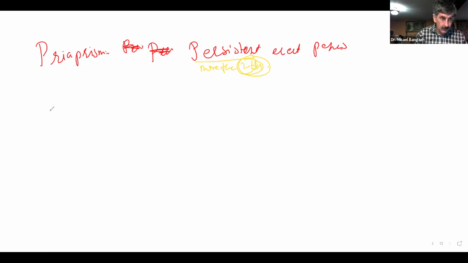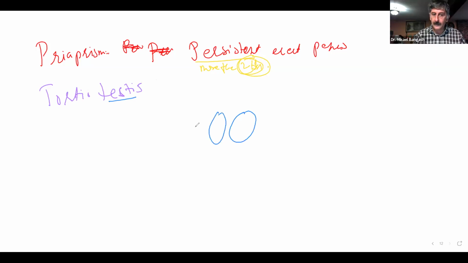Okay, now let's get out of the penis and talk about a last condition, which is what we call testicular torsion. This one involves the testicles.